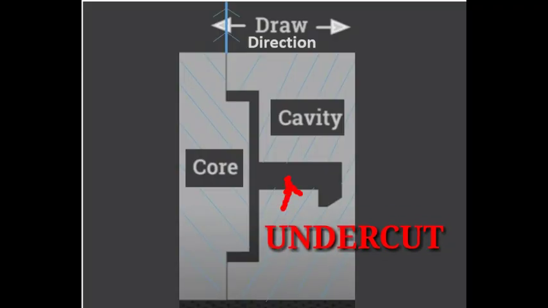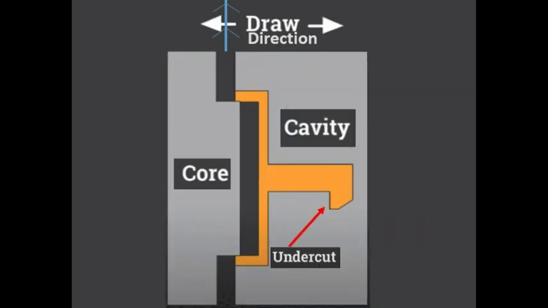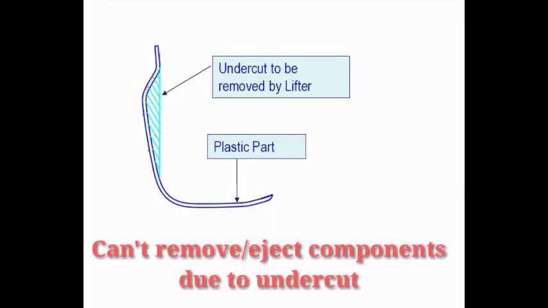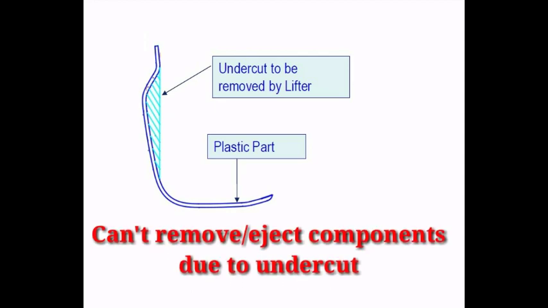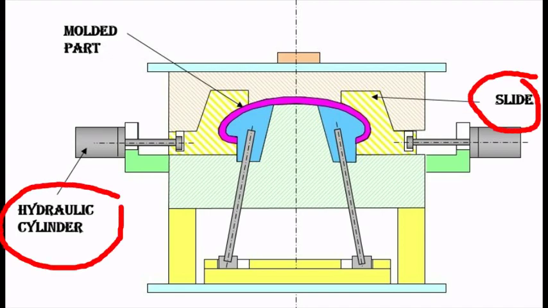What is undercut? Undercut is a feature of an injection molded part which prevents its ejection from the mold. In the case of a two-plate mold, we can't eject the component if there is an undercut. To remove this part, we can use a slider and lifter arrangement to eject the component.